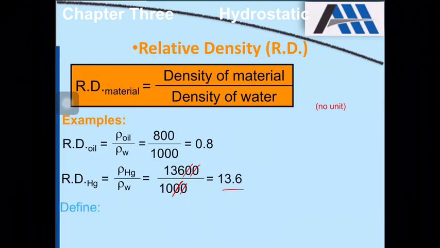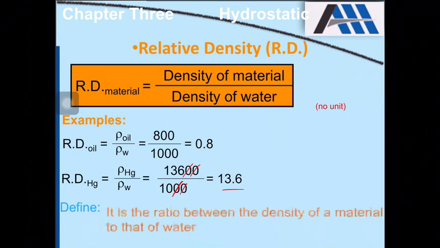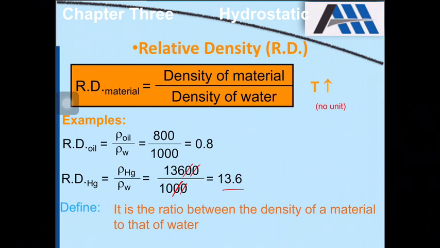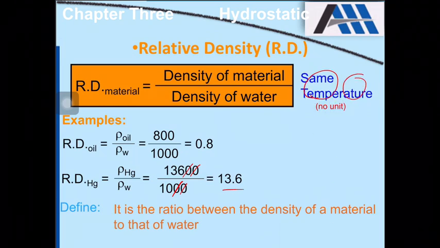Now the difference between the density and the relative density. The density is the mass per unit volume, while the relative density is the ratio between the density of the material and that of water, but at the same temperature, because as the temperature rises, the density decreases. So we have to mention that it is the ratio between the density of the material to that of water at the same temperature.